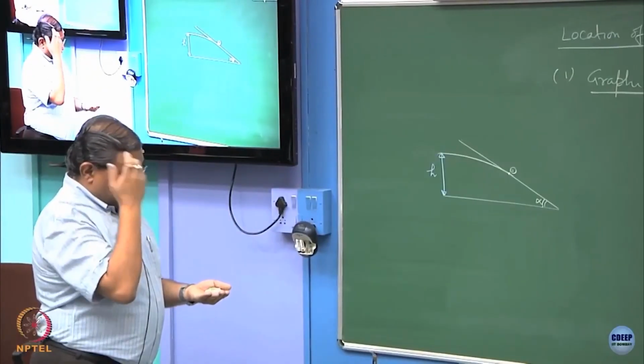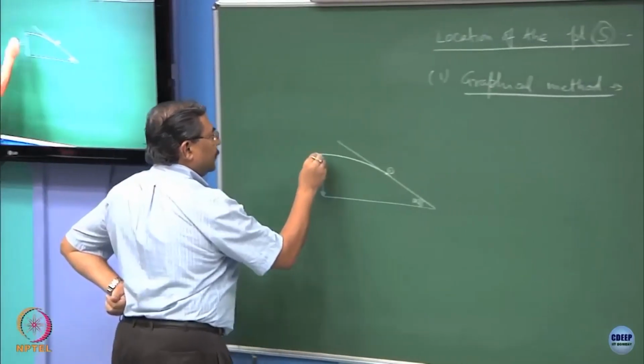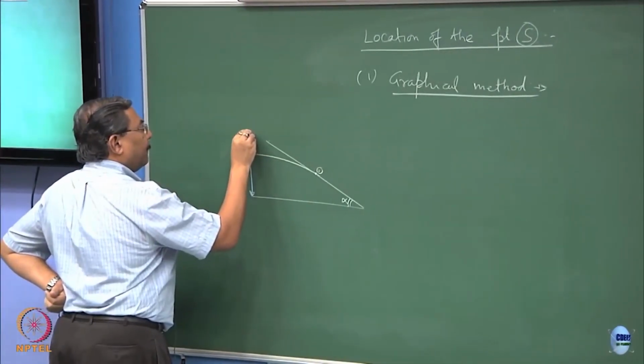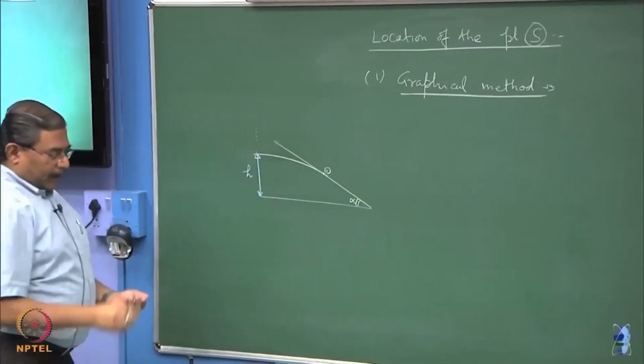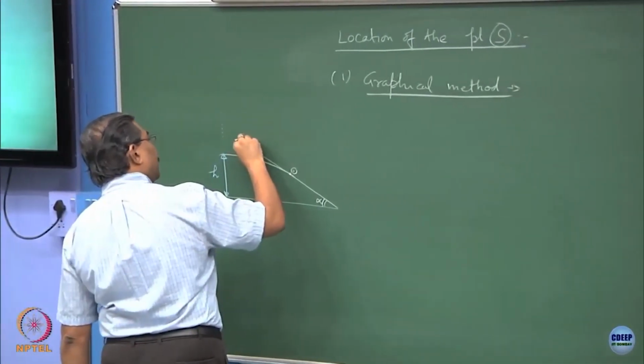The first step is to extend this in the vertical direction and let it cut the downstream slope.